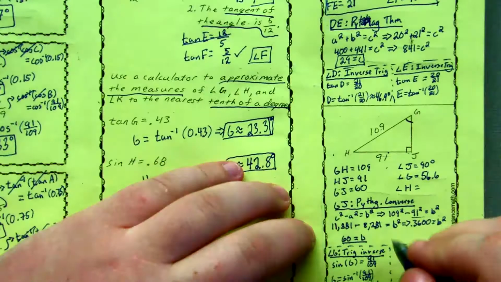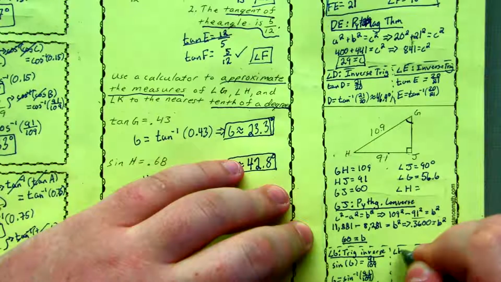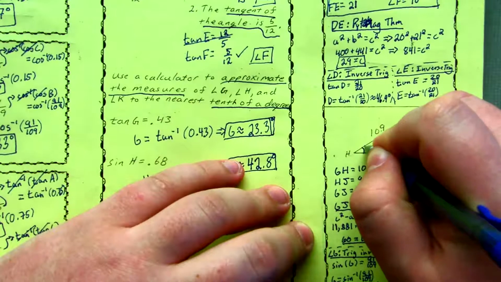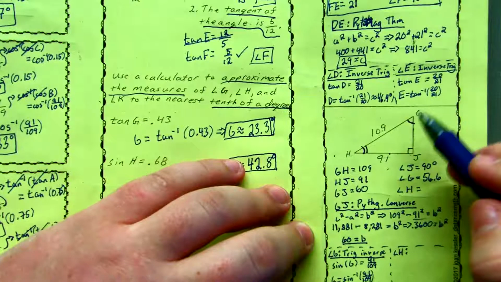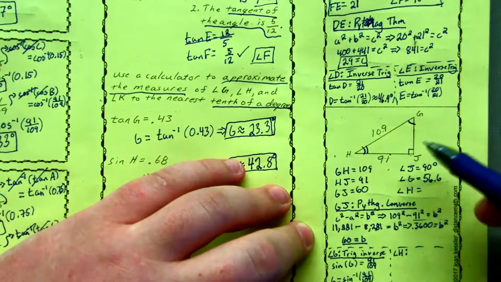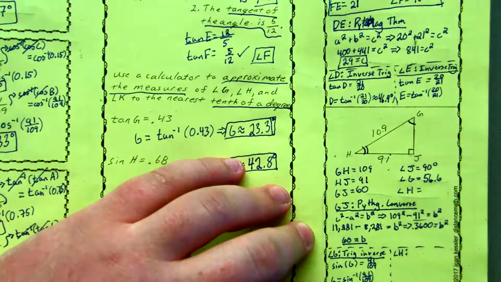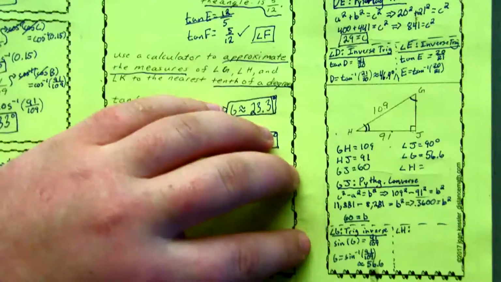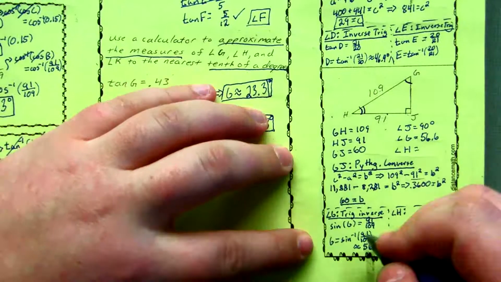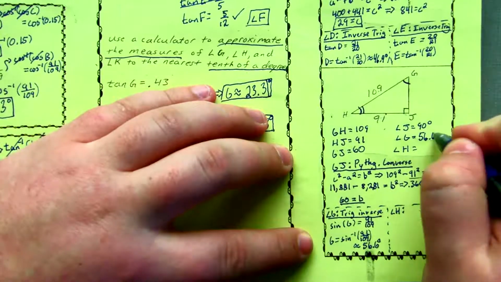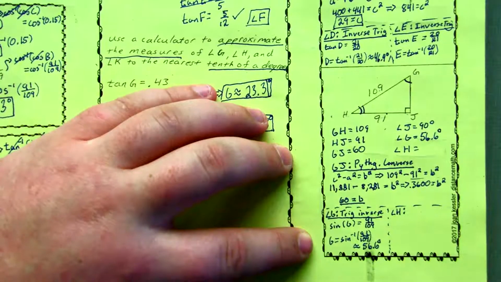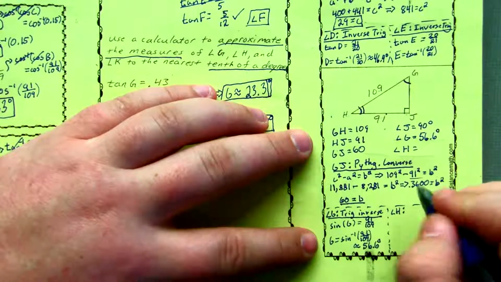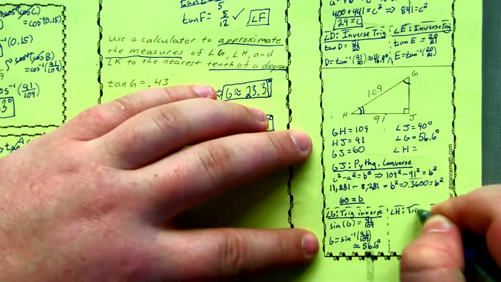And now we need to get angle H. Now remember, we can't use our G value that we just calculated, and we don't want to use this GJ either. Make sure we're putting our degree sign on everything. So to solve for angle H, we want to use trig inverses again.